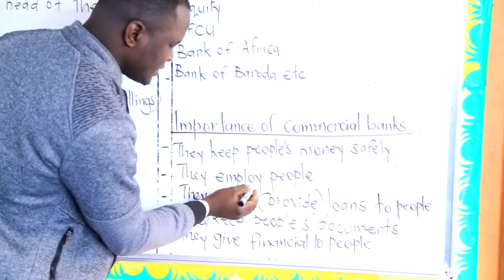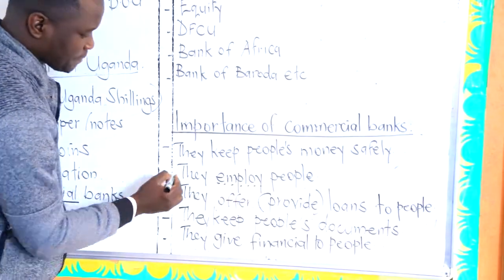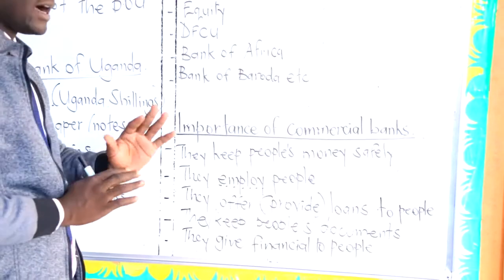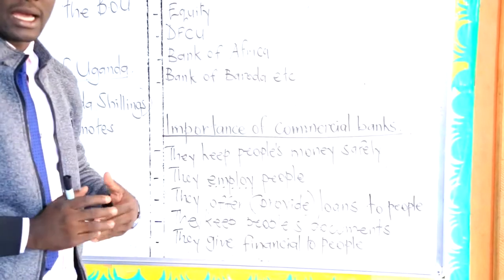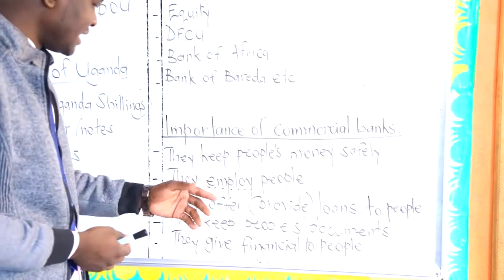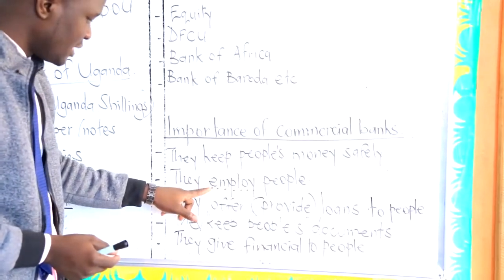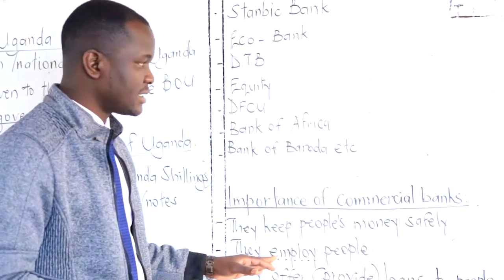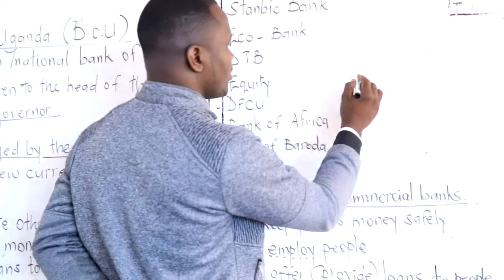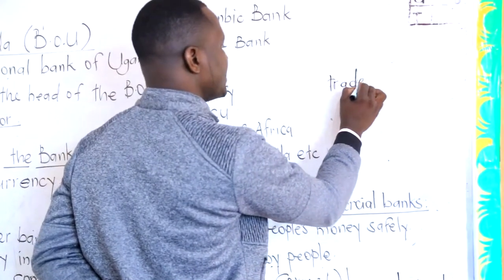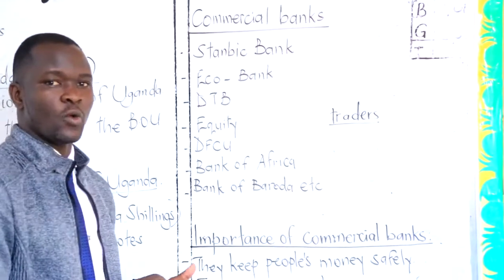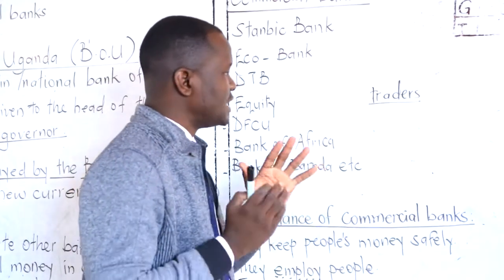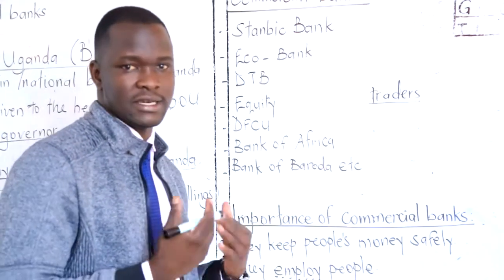I want to come back and say something about employment. We always make a mistake when we are asked a question. We have some people who already have their jobs, but a bank can still help them. For example, one can ask: how are commercial banks important to traders? A trader is a business person who buys goods and sells them to get a profit.